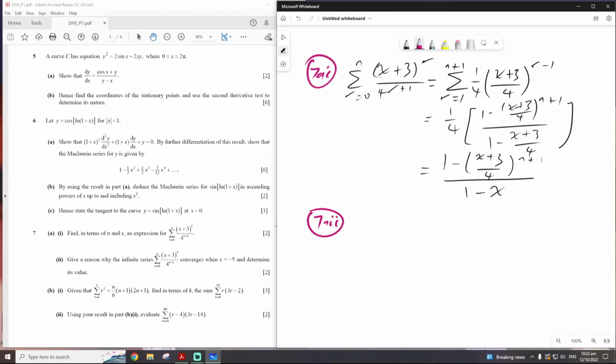7a part 2. Give a reason why the infinite series converges. When x equals to negative 5, we have the sum from r equals to 0 to n of (x plus 3) to the power r divided by 4 to the power r plus 1. In fact, x is minus 5, right?